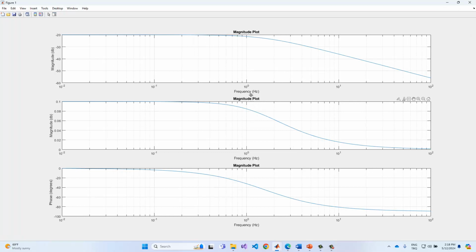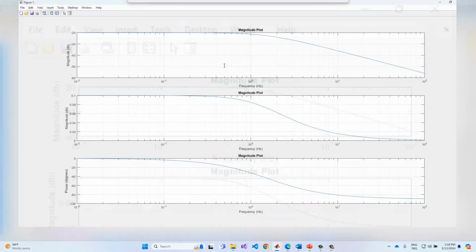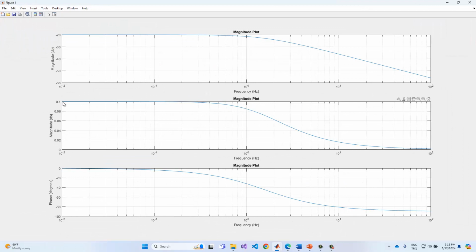See that at A equals 10, at the beginning of this code, if we apply the 1 times sinusoidal signal, then we get 0.1 amplitude, which means that this signal is reduced 10 times by this system. Right?